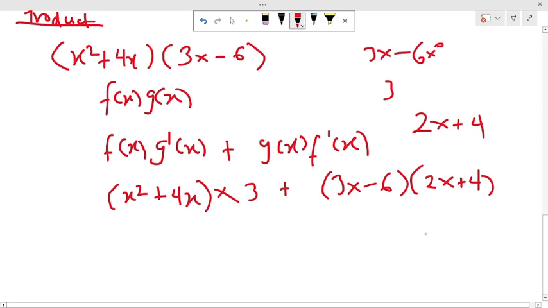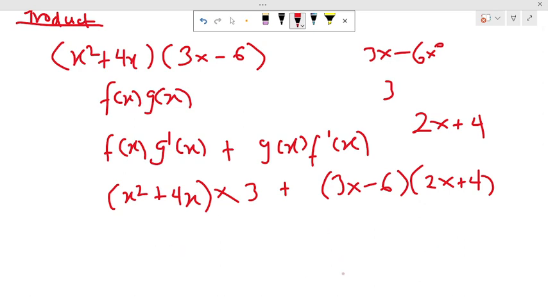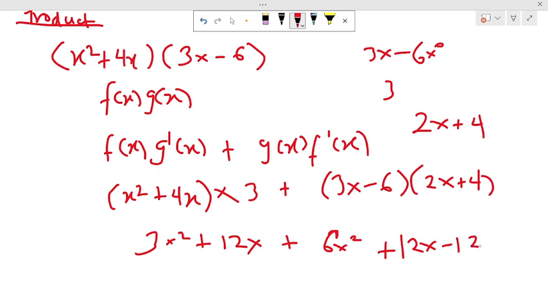So I will leave this expression for you to simplify and also put the answer in the comment section. Now, let me just simplify. So when you simplify this, you are going to get 3x squared plus 12x, plus, with this I'm going to get 6x squared plus 12x minus 12x minus 24.